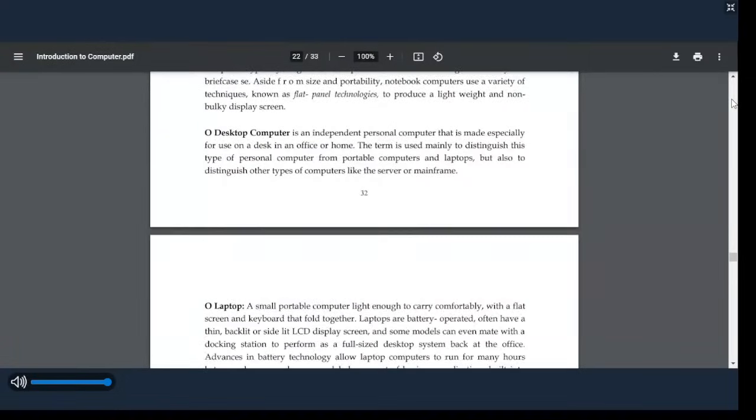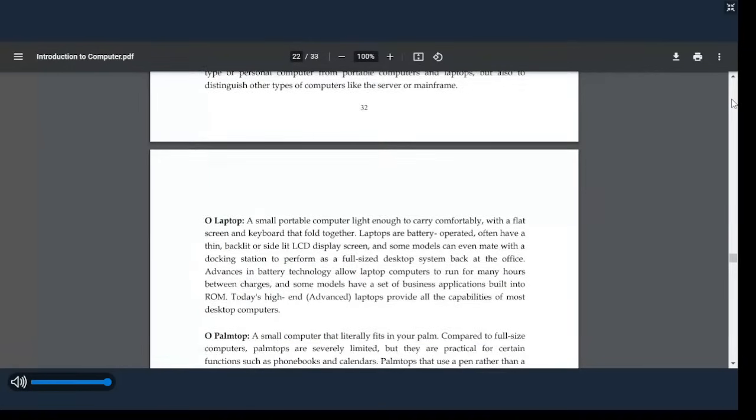Then laptops: a small portable computer light enough to carry comfortably, with a flat screen and a keyboard that fold together. Laptops are battery operated, often have a thin backlit or side-lit LCD display screen, and some models can even mate with a docking station to perform as a fully sized desktop system back at the office.